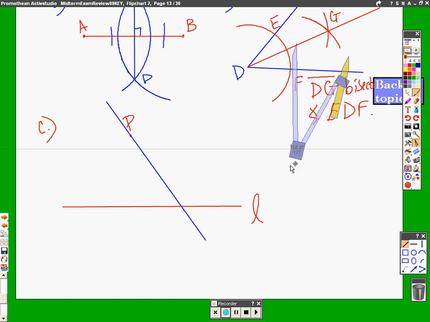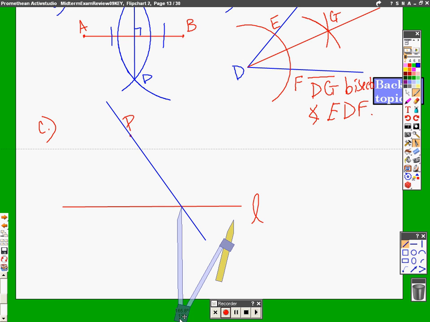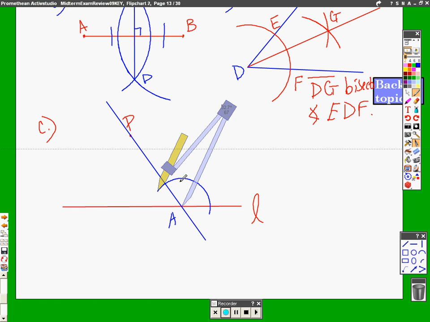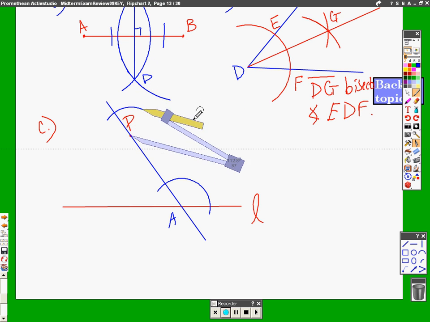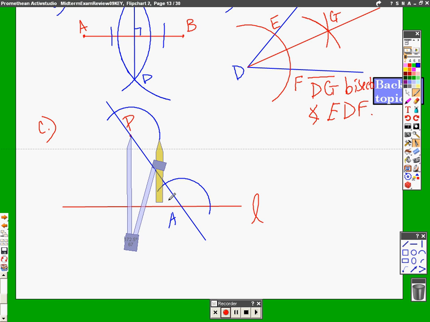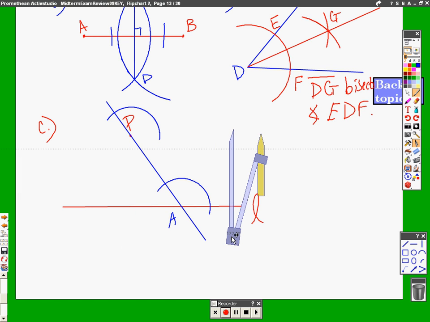So I'm going to take my compass, put it on the point that I am now labeling A, where our line intersects line L, and draw an arc using A as the center. Take your compass with that same measure, put it on point P, and draw another arc. This arc has to intersect your line, which is really going to be your transversal, above point P.